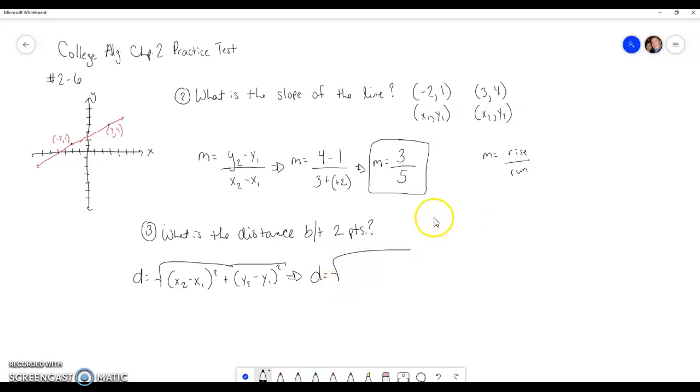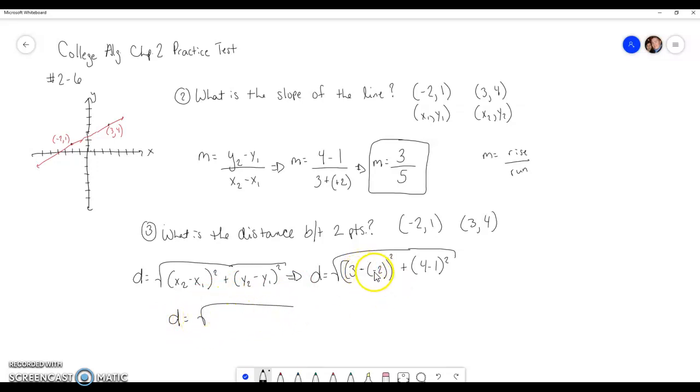Okay, so I'm going to find out distance equals the square root. My x2, again, my points are still -2, 1, and 3, 4. So my x2 is 3 minus a -2, and all of that is squared, plus my y2 is 4 minus 1, and all of that is squared. And so then I get that my distance is equal to the square root.